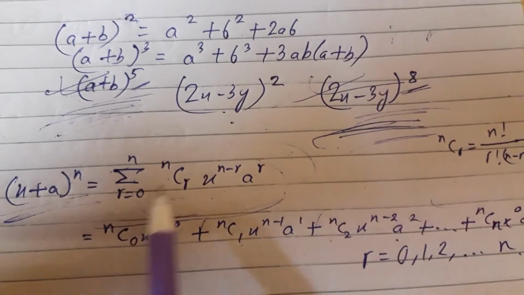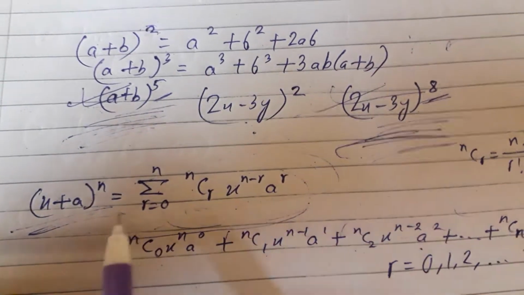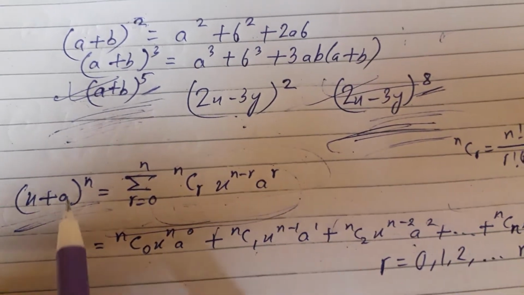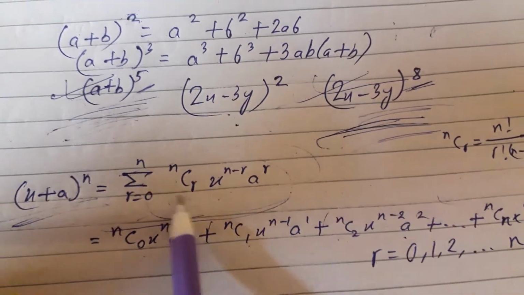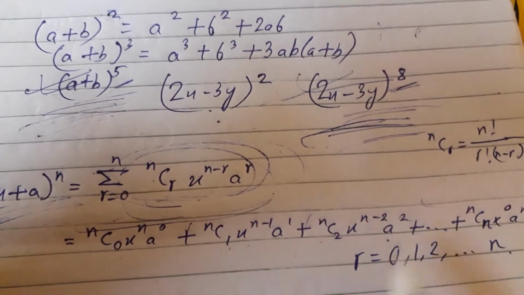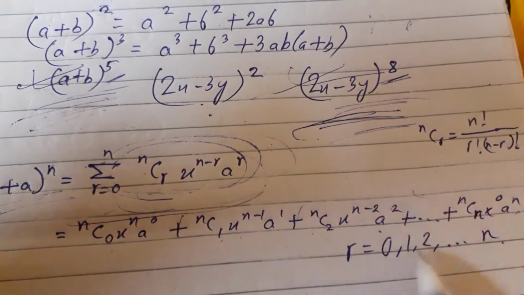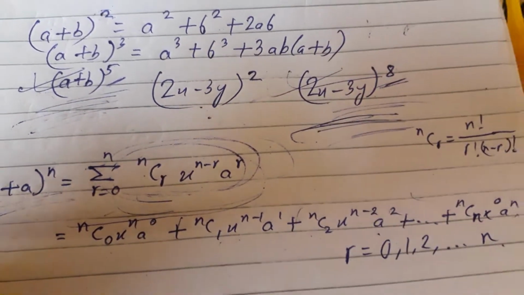So summation nCr x^(n-r) a^r is the expansion of (x + a)^n. This is the format. You have to write the same format with r equals 0, 1, 2, 3, up to n, and sum up all these terms.